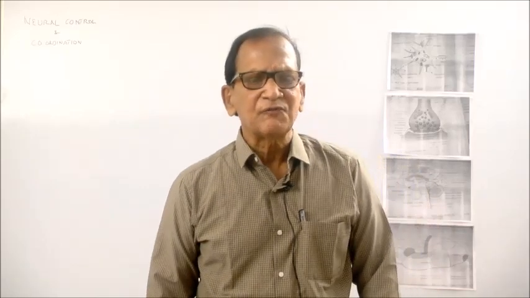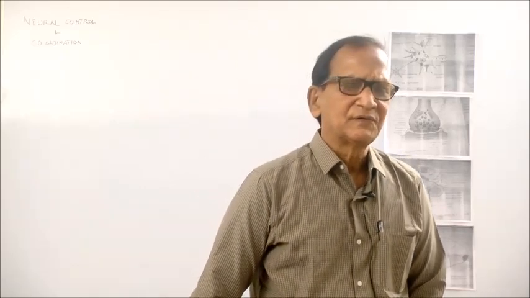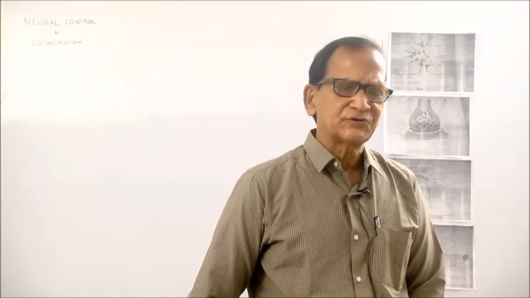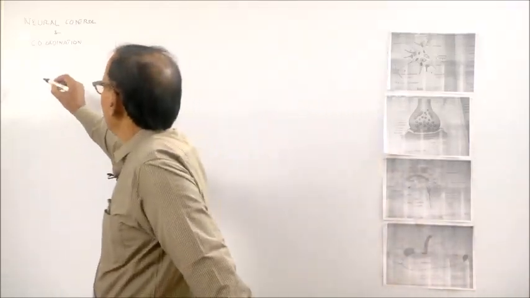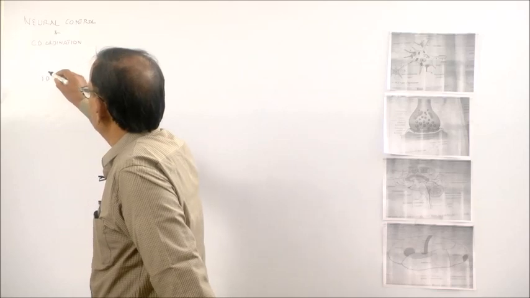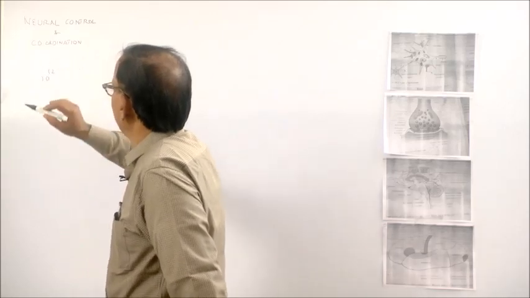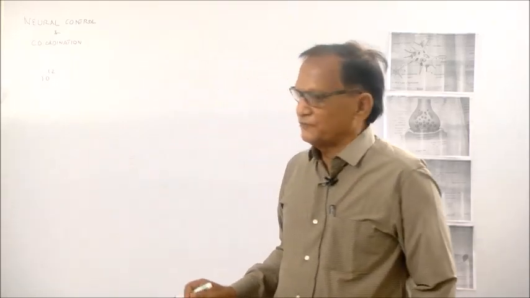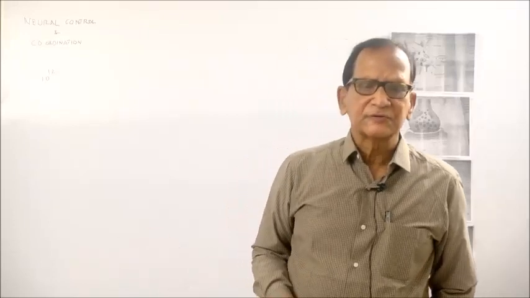So, the structural and functional units of the brain, the spinal cord, or the nervous system are the neurons or nerve cells. These are about 10 to the power 12 in number, which means there is a very large number of these neurons.